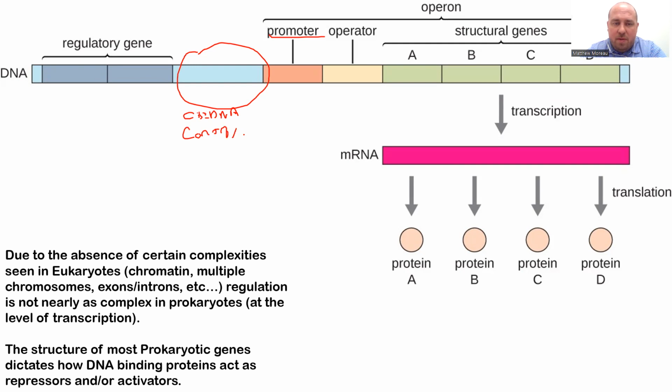Call them control elements. Now, many of them exist upstream of promoters. Some of them can exist downstream of promoters, such as operators. And they combine to both enhance or suppress transcription.